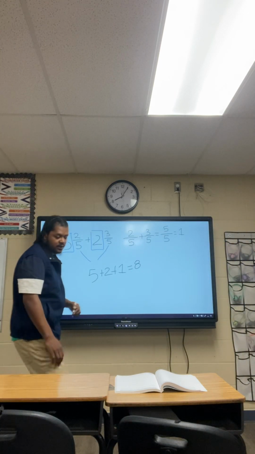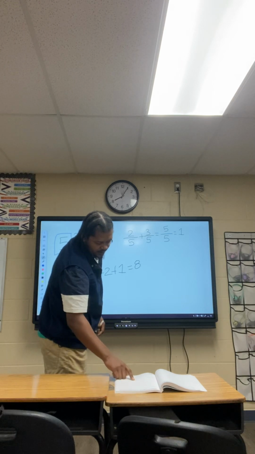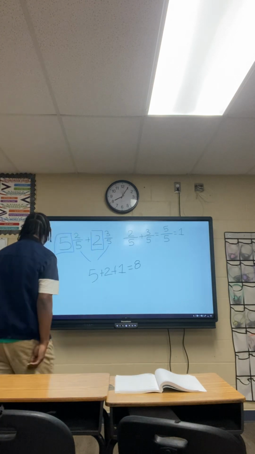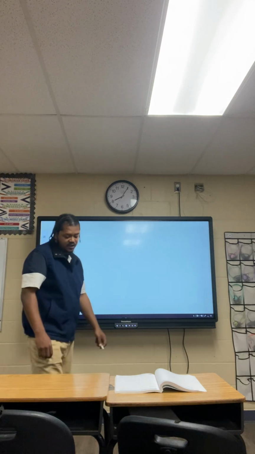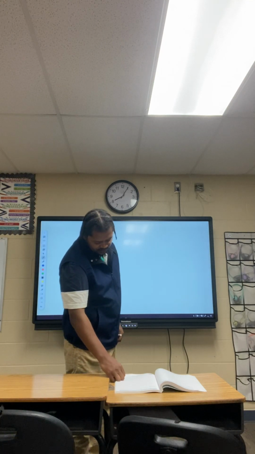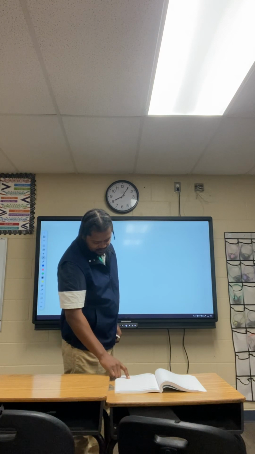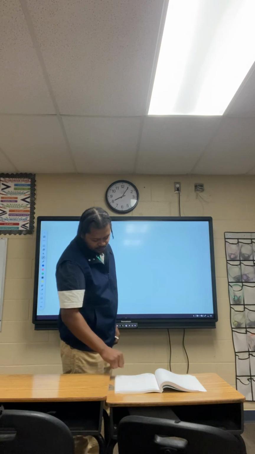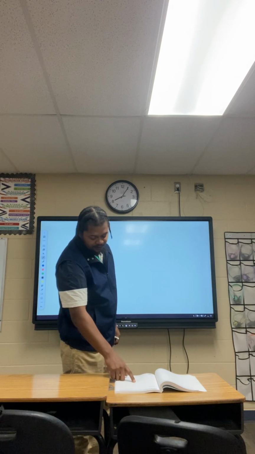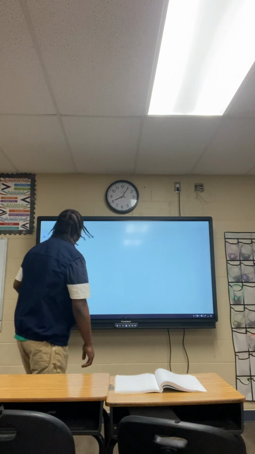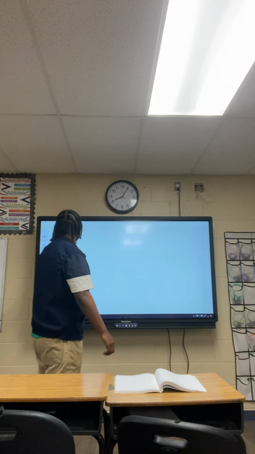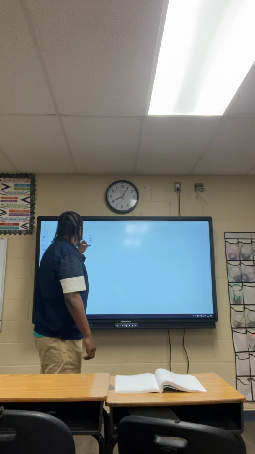This is actually number 1C, letter C. All right, so I'm going to do a subtraction one now. On the other side, let's do F, okay? It's 18 minus 15 3/4. So we have 18 minus 15 3/4.